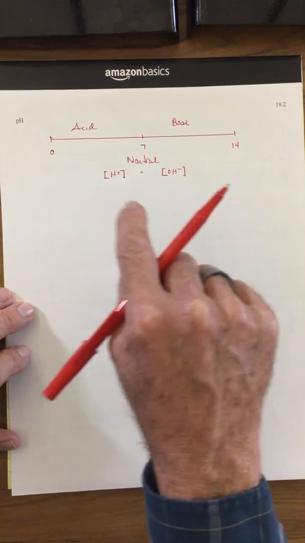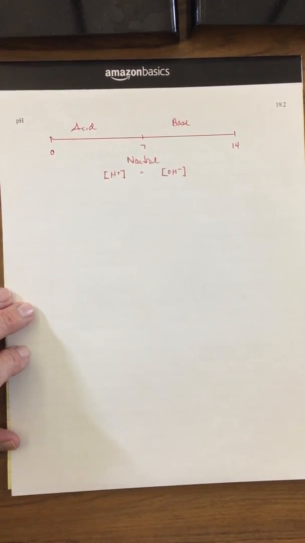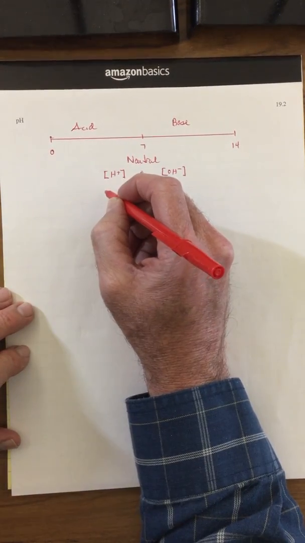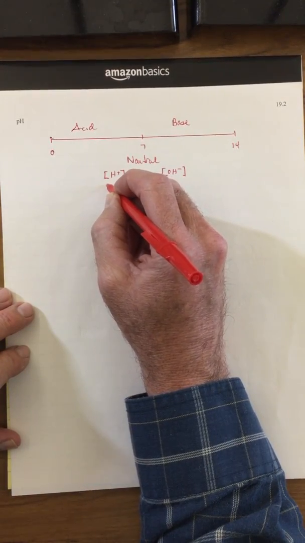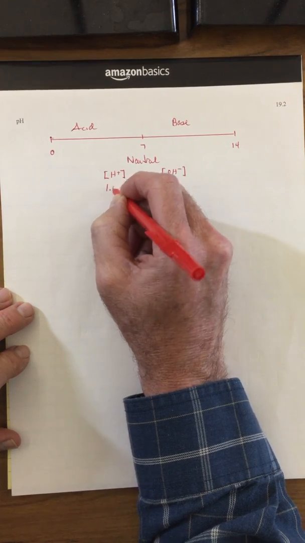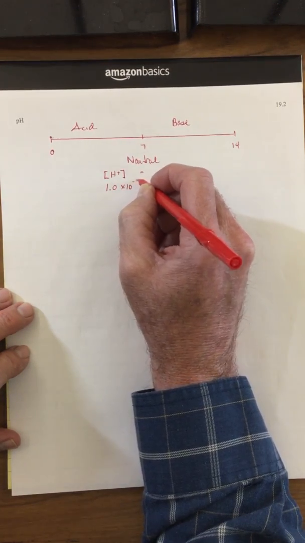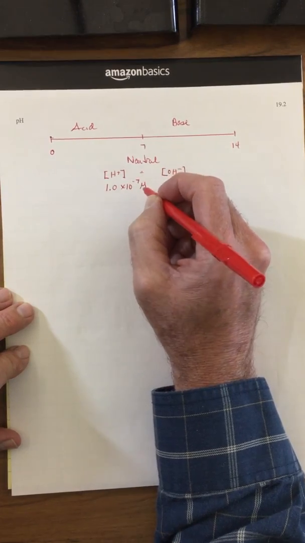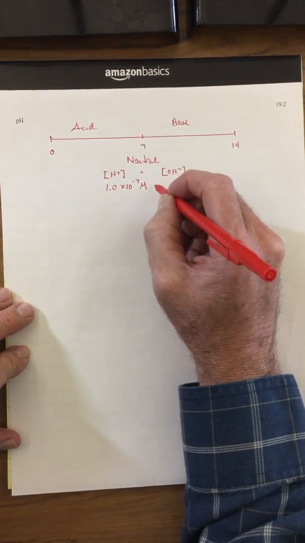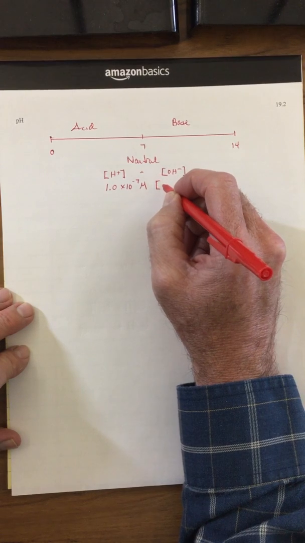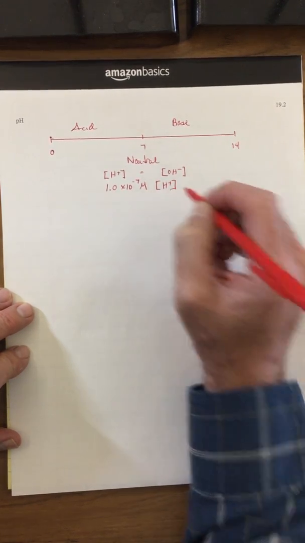Let's take a look at the numerical values of what it means to be neutral. If you're neutral at a pH of 7, the concentration of H+ is going to be 1.0 times 10 to the minus 7 molar.